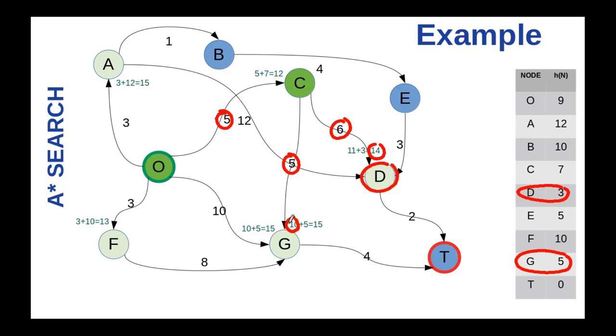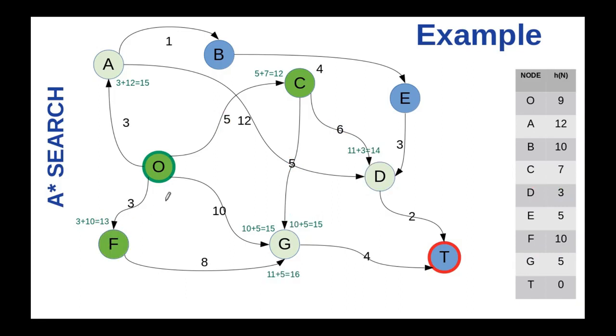So now we have 15 here, 13 here, 15 we have a tie here, and then 14. So the minimum cost is 13. So for the next step we will assess F. Then you can reach G by means of OC, and then directly from OFG.